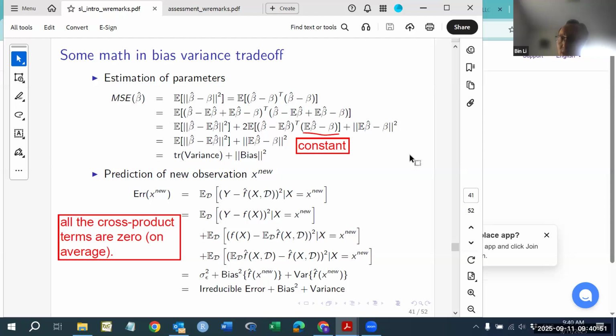Because I know some of you are from the math department, if you are interested you can take a look, and the proof is not difficult. The key is that all the cross product terms are zero. Why is this cross product term zero? Because for this term, the expectation of beta hat equals beta, so it equals zero. Proving this is very straightforward.